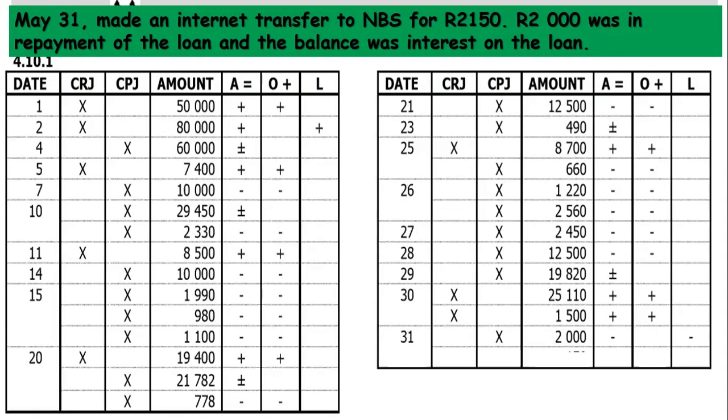CPJ entry reduces liability and reduces assets. And then the next transaction, 150, it's interest paid on the loan, which is CPJ entry, reduces assets and reduces owner's equity. I hope you are able to understand what has happened here, the effects of transactions on the accounting equation.